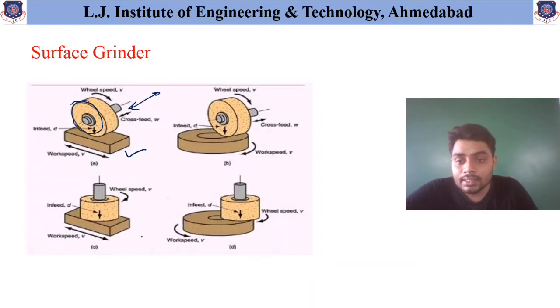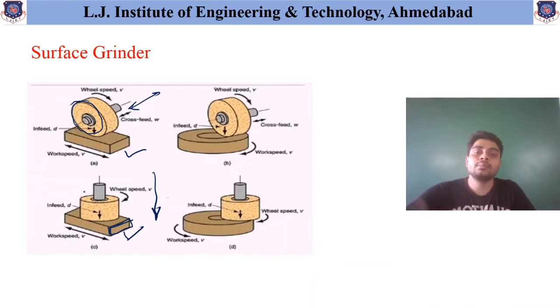Similarly, for this rectangular component, if the feed movement required is in the downward direction, and the length or the width of this component is less than the diameter of the wheel, then this type of grinder is used and the finishing or machining is obtained easily.